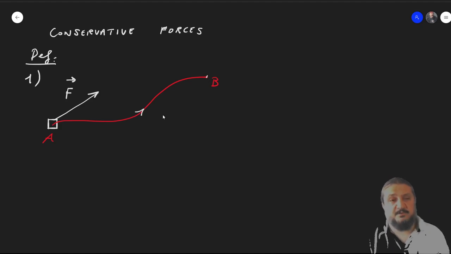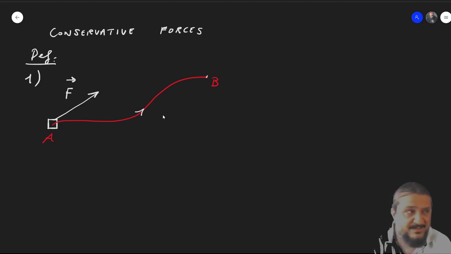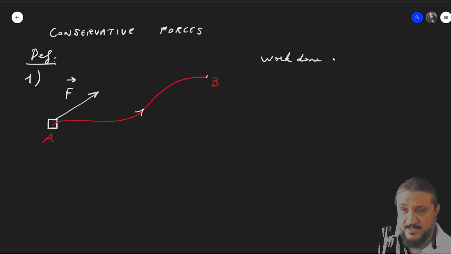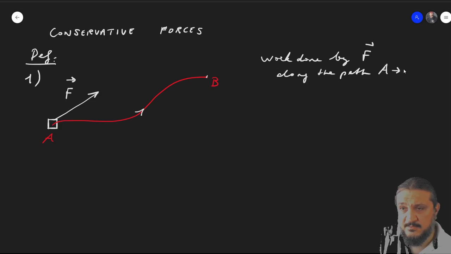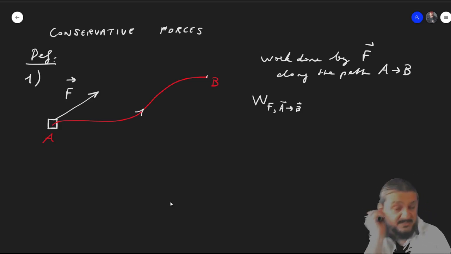Okay, so we have displacement, we have force. There's not much to think, right? I mean, we can calculate the work done by this. So find the work done by this force F along the path A to B. All right, so let's call it work done by F, A to B. If this notation makes any sense, that's what it means.